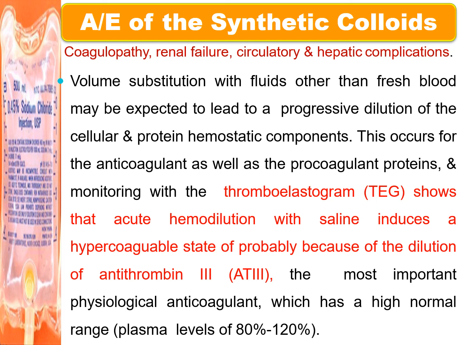The mechanism of antithrombin 3 we already discussed in the chapter on coagulants and anticoagulants. Antithrombin 3 is the most important physiological anticoagulant, which has a high normal range, with plasma levels of 80% to 120%.